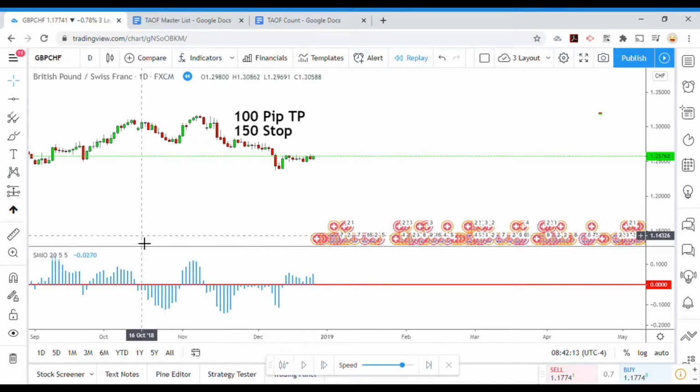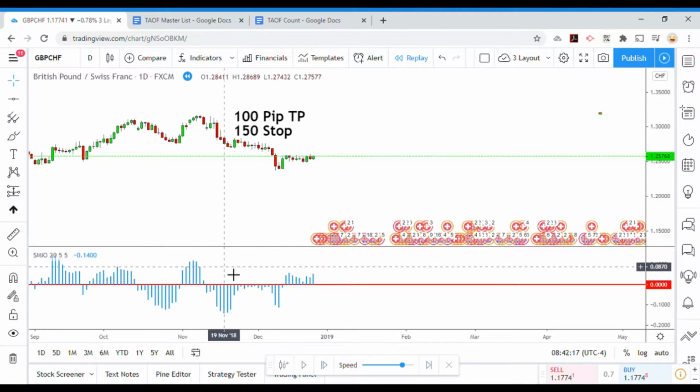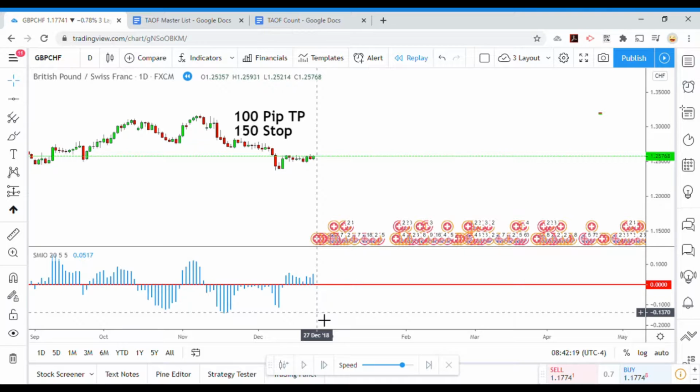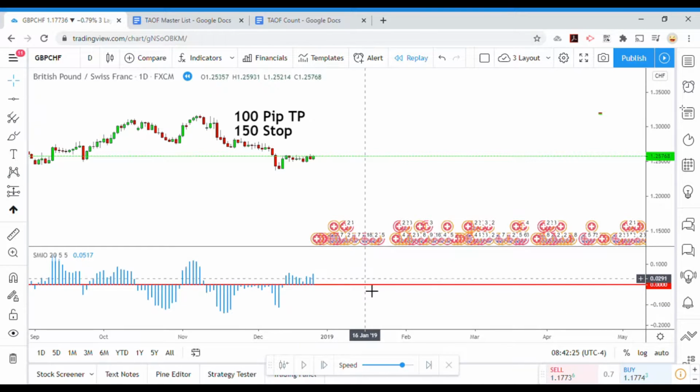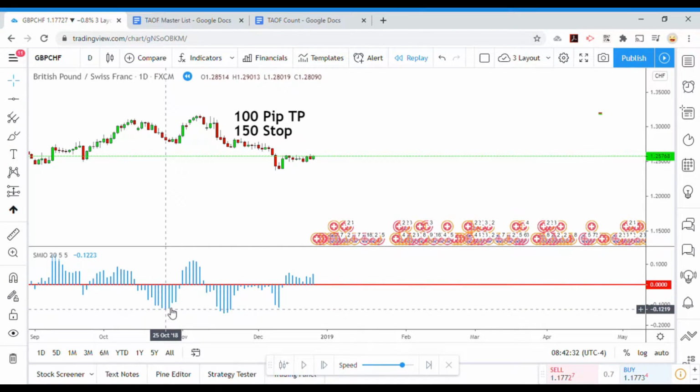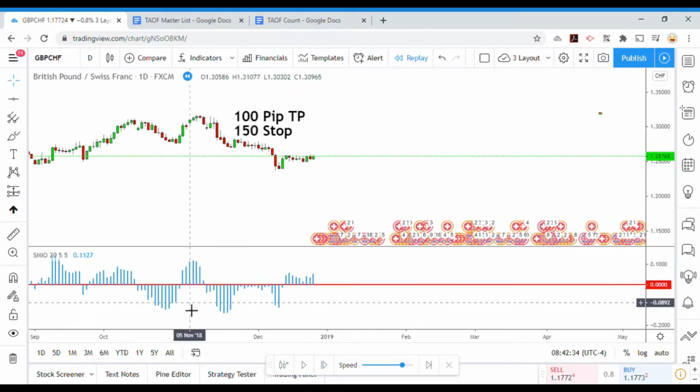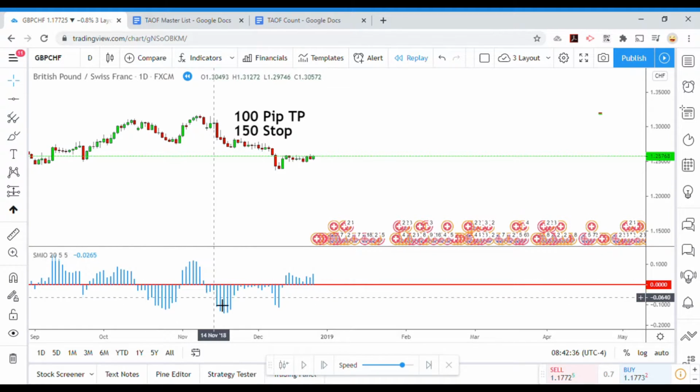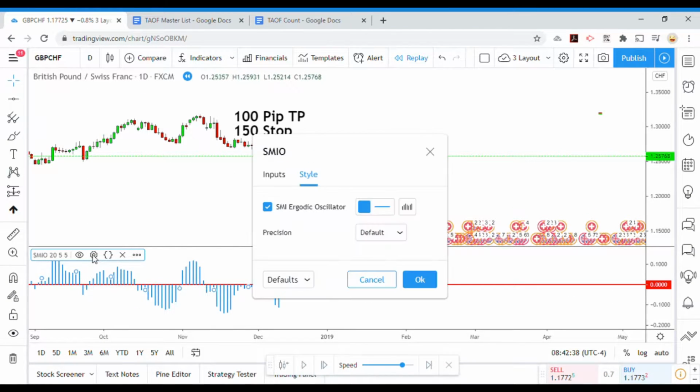Alright, as I said, today's indicator is the SMI Ergodic Oscillator. The last video we did was the SMI Ergodic indicator itself, but this one's the oscillator and is a zero line cross. As you can see here, I went ahead and left it in the histogram style format instead of making it a lined indicator.